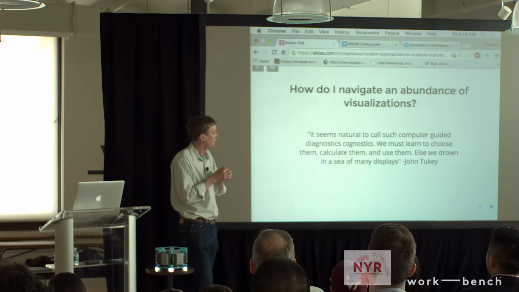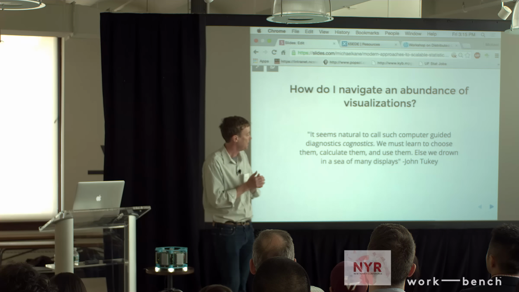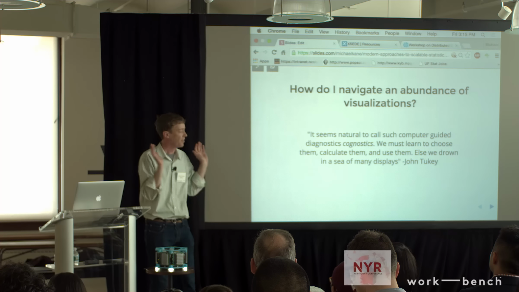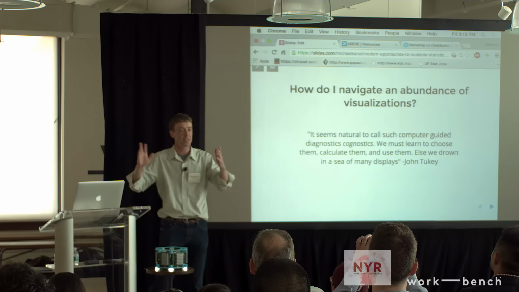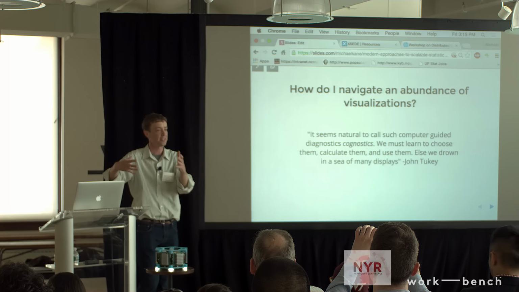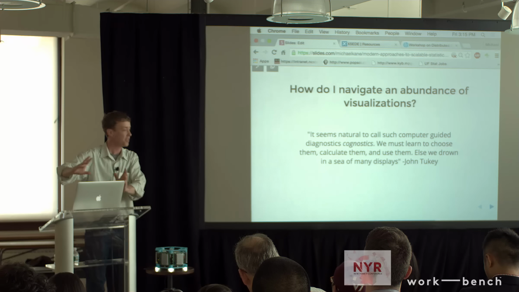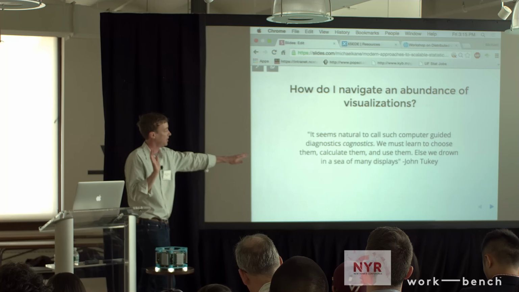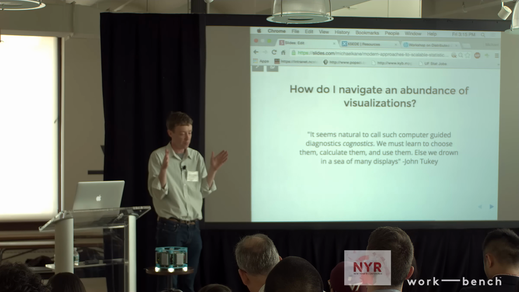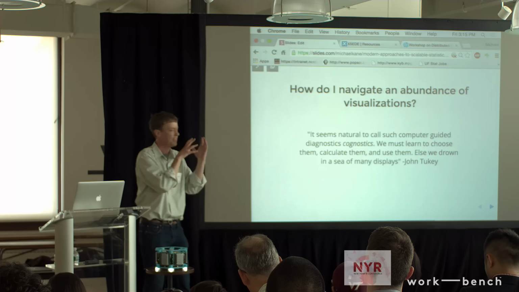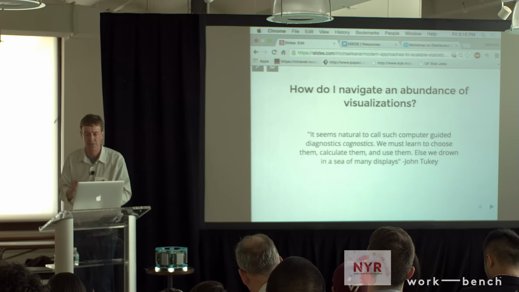So John Tukey at AT&T Labs proposed this idea of a cognostic. If you've ever gone to JSM, there's always a group of people that talk about cognostics, and I never knew what those were. They had their own language that I didn't understand. But basically, a cognostic is some quantitative summary that's associated with a visualization, and they call the visualizations displays.